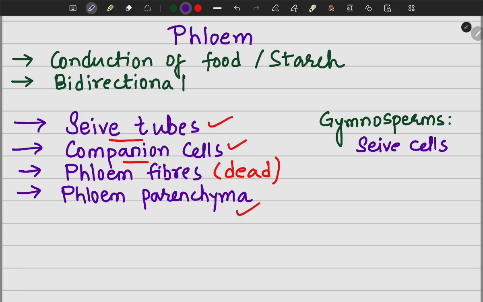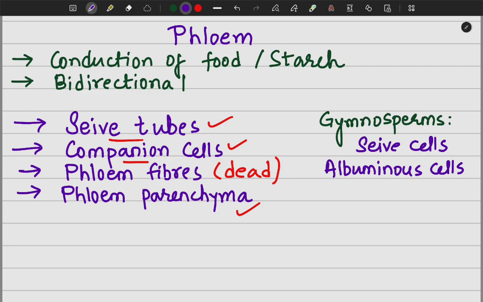In place of companion cells, albuminous cells are found. Alright, so that's the difference between the phloem of angiosperm and gymnosperm. We are basically studying about the angiosperms, right? So in angiosperm, sieve tube and companion cells will be present, whereas in gymnosperms, sieve tube and companion cells will be absent and sieve cells and albuminous cells will be found there.